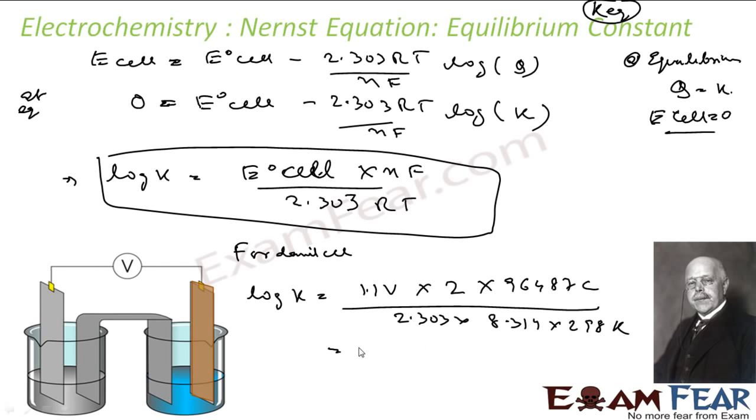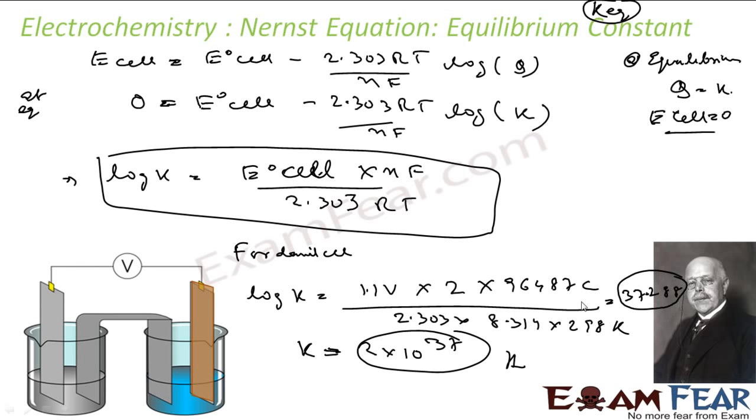We solve this, and you get log K as 37.288, so K becomes 2 into 10 to the power 37 at 298 Kelvin.